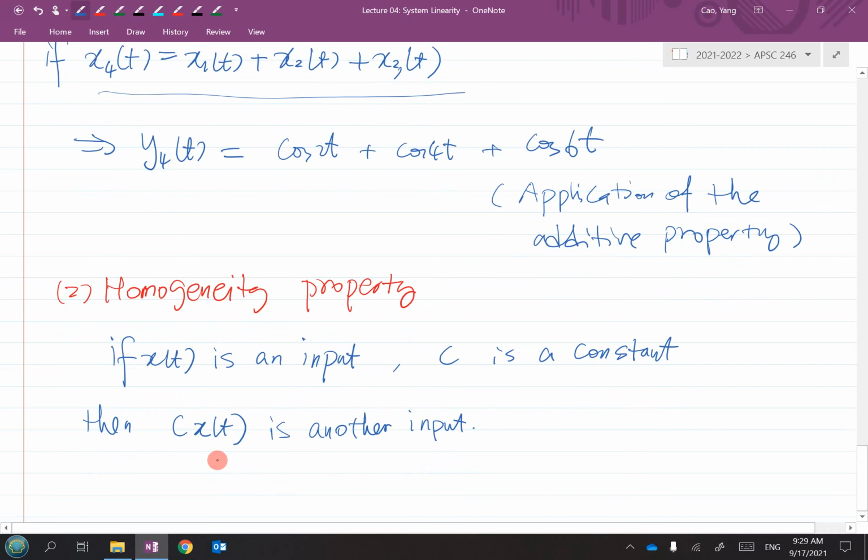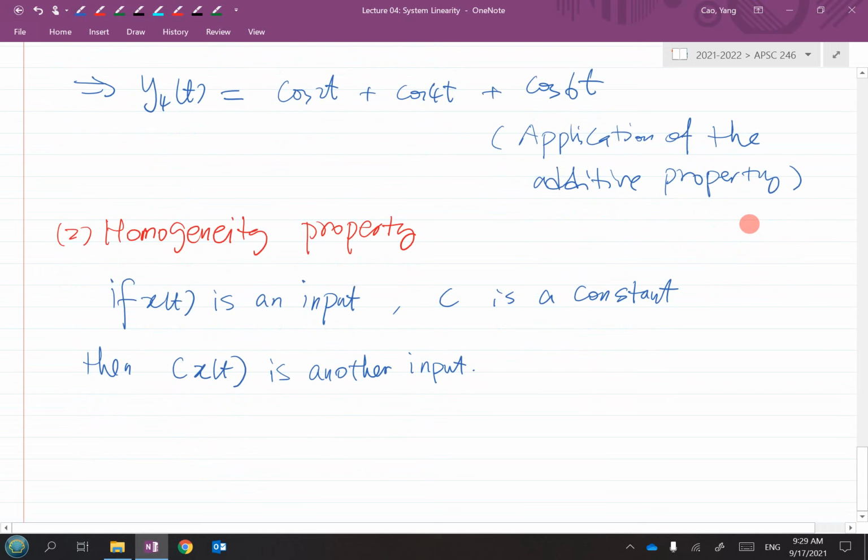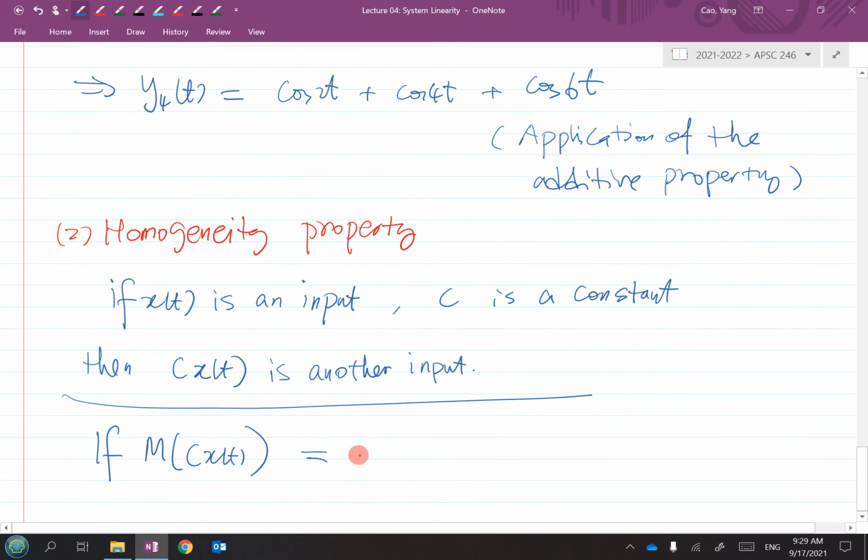So the definition of homogeneity is basically that if your input is c times x of t, then M of cx of t is the output based on this input, and this should equal c times M x of t.